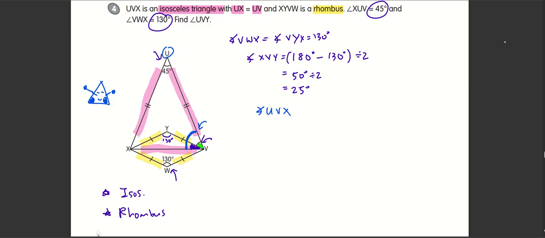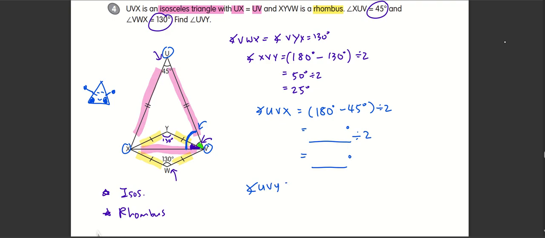For that angle I can use 180 degrees minus 45 degrees, divided by 2, which will give me the answer here. Then I can finally find angle UVY by using this angle, subtracted by 25 here. Then you can find the green color.